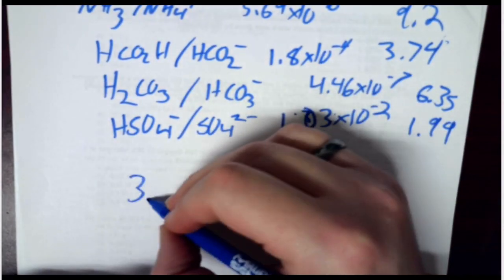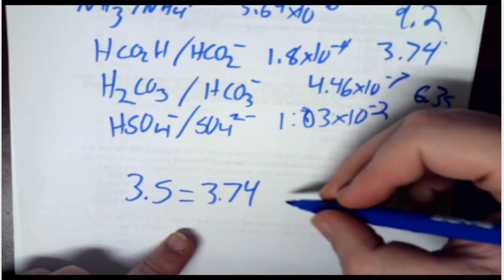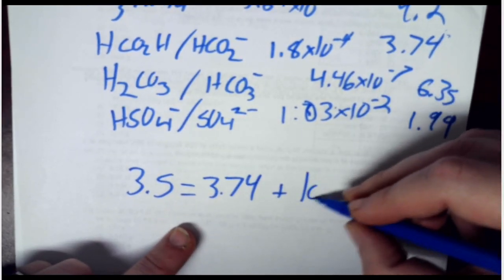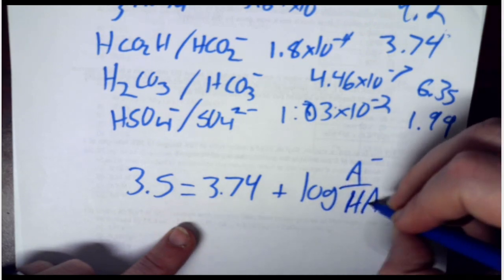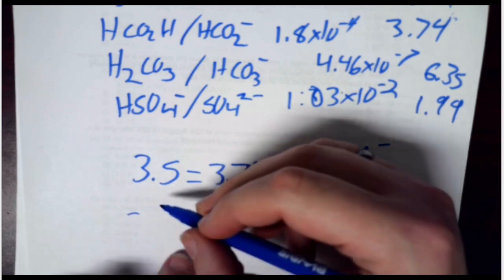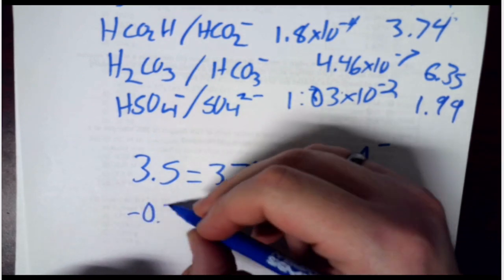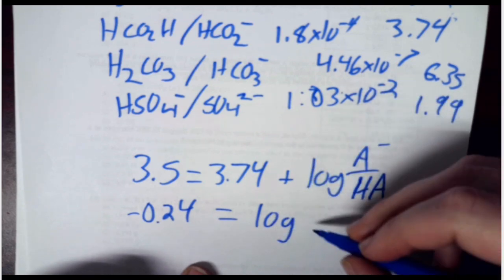So with that in mind, 3.5 equals 3.74 plus log of A minus over HA. So the difference right here is negative 0.24 equals the log.